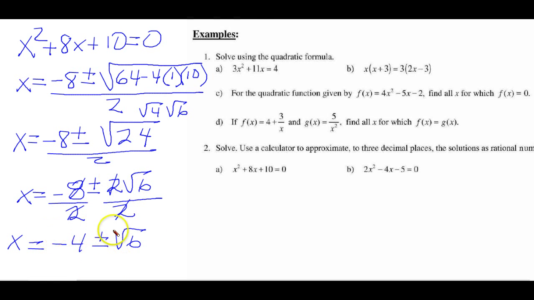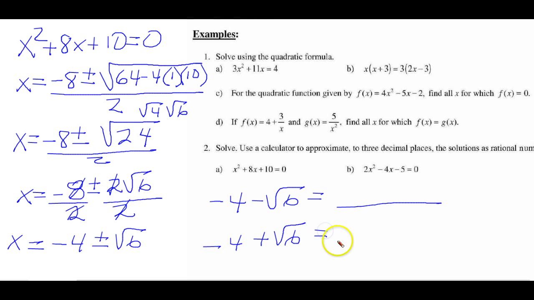So now what you need to do is put in your calculator negative 4 minus the square root of 6, and that will give you a value. And the other one is negative 4 plus the square root of 6, and that will give you a value. And these answers are down below.